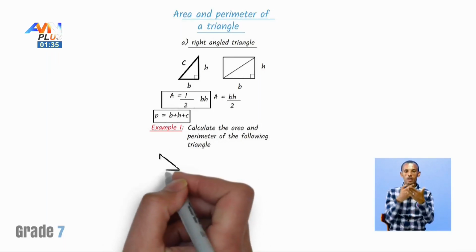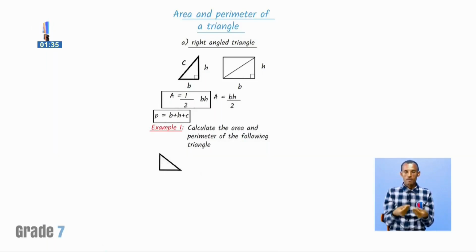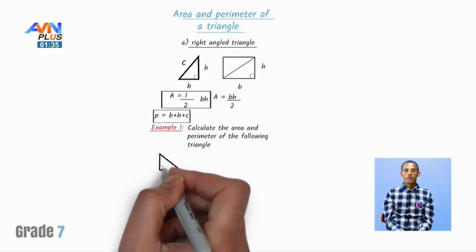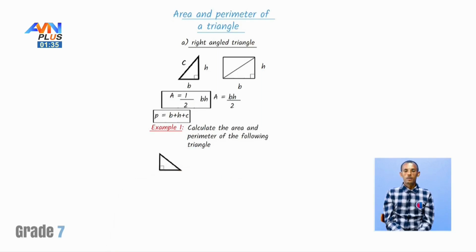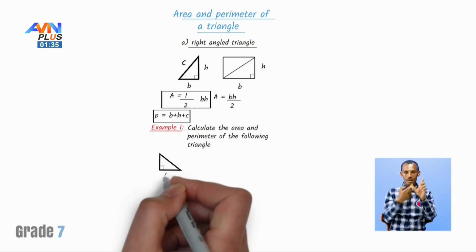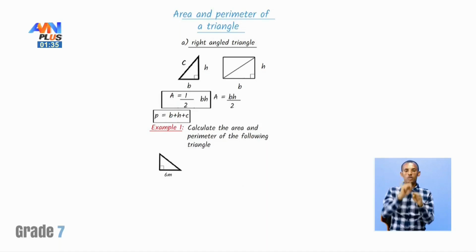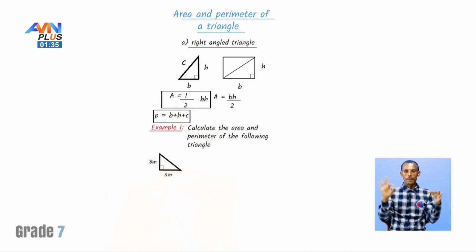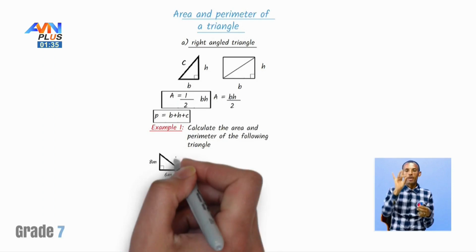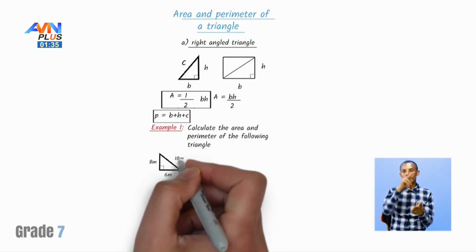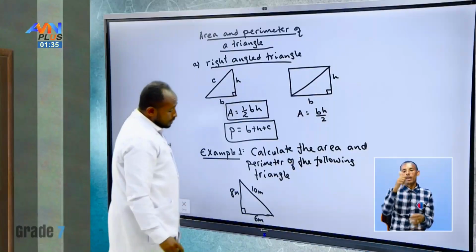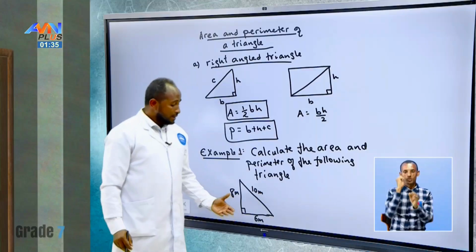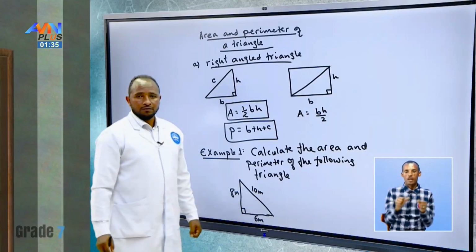Here the triangle is given. It's a right angle triangle. So this side length is 6 meter. This one is 8 meter. And this one is 10 meter. So you are asked to calculate the area and the perimeter of this triangle.